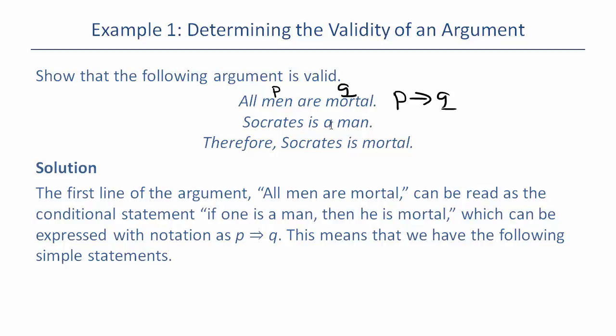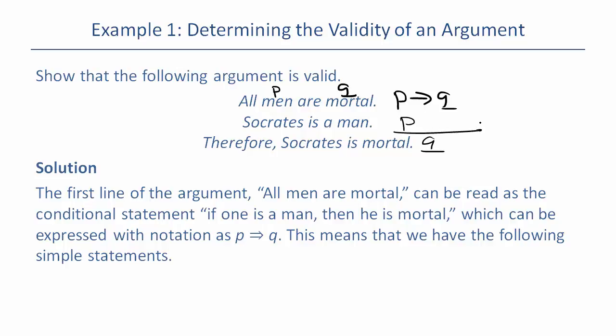Then Socrates is a man, right? That's P, because being a man is the statement. So this person is a man. So that's a P. So if we're given that this is true, and we're given that the second statement also must be true, then we're basically asking, well, then is Q true, right?